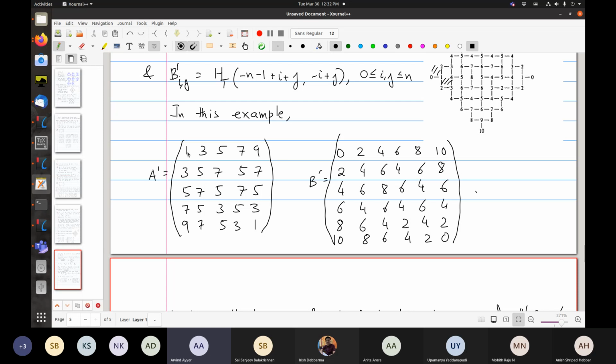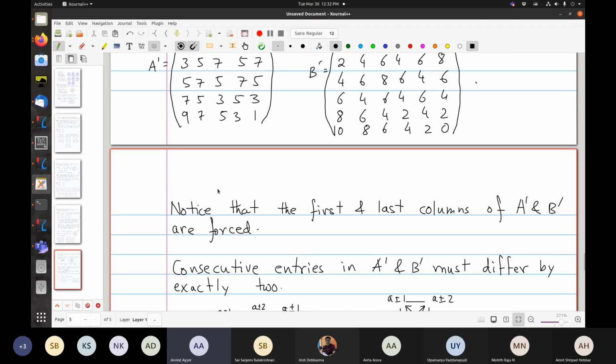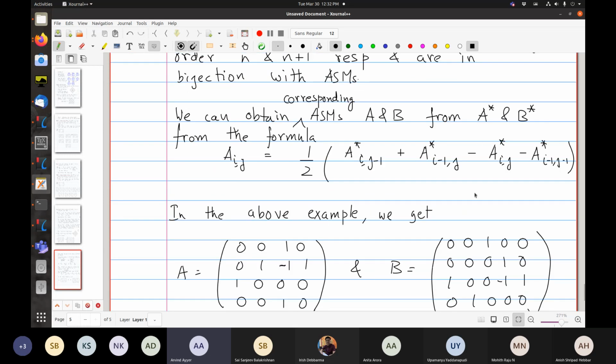You have to compare the sum of these two with the sum of these two, and if they're equal, you get 0. If this is larger, you get a 1, and if this is larger, you get a minus 1. That's what this formula says.